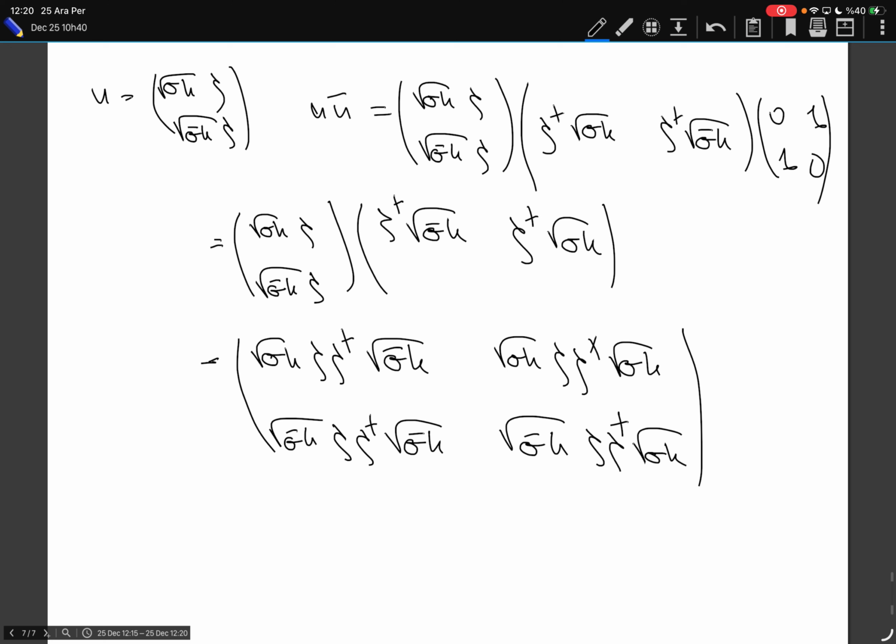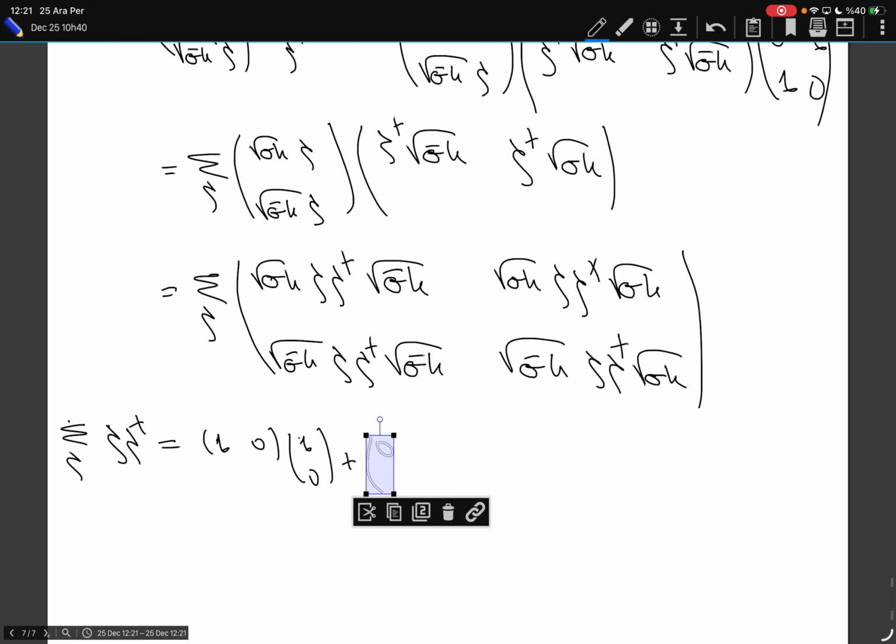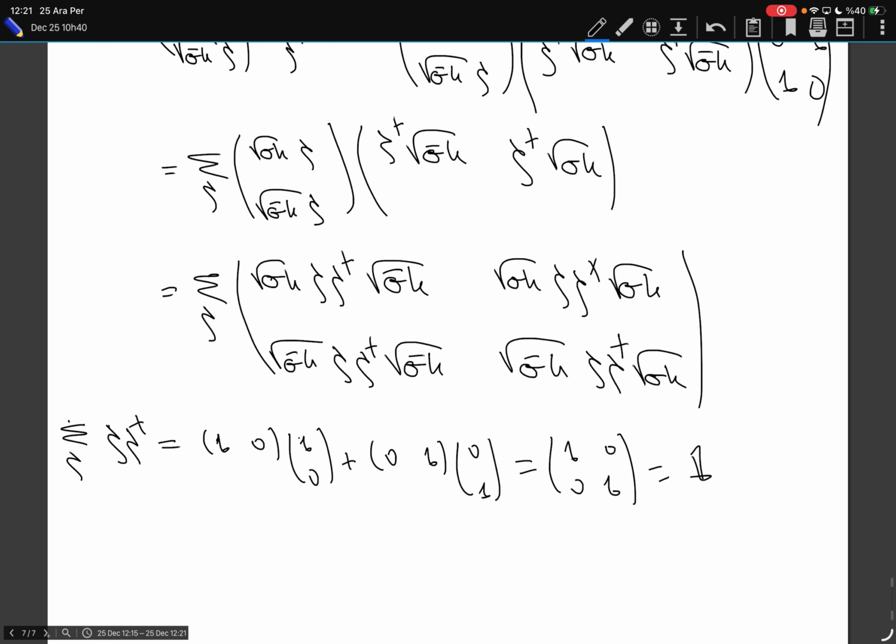Now, what is xi xi dagger? Remember, I am summing over all xi's. This is 1, 0, 1, 0 plus 0, 1, 0, 1, which is 1, 0, 0, 1, nothing but the identity matrix.